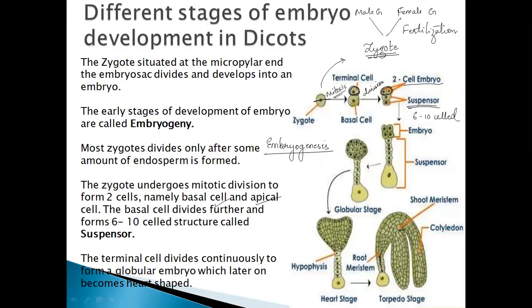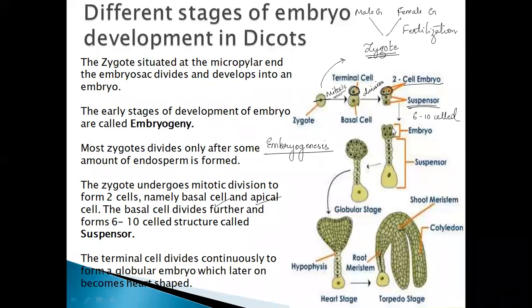The basal cell forms into the suspensor, and the apical cell forms into the two-celled embryo. Is it clear till here?